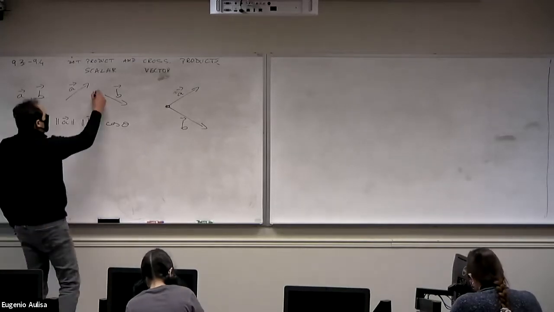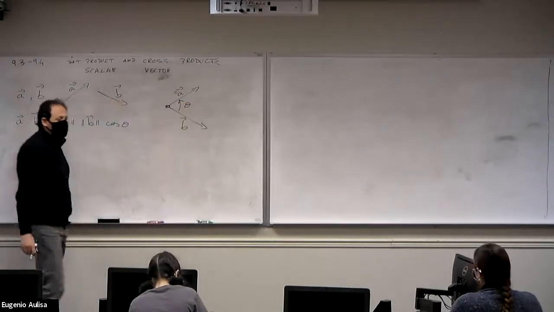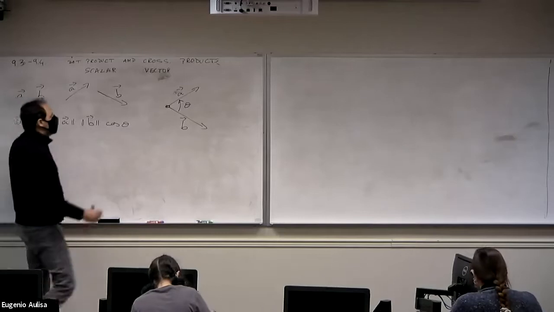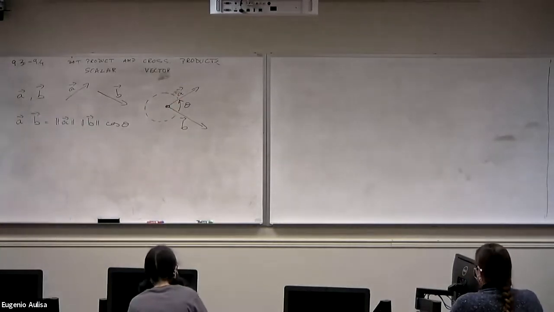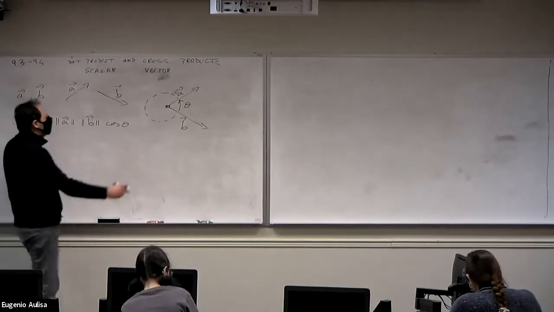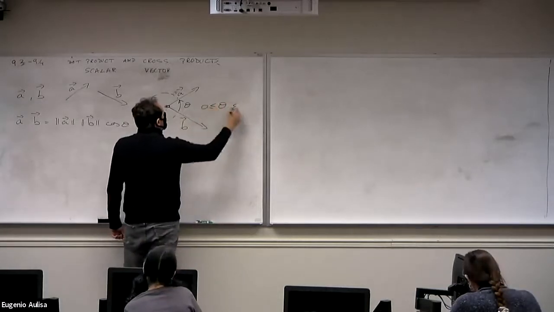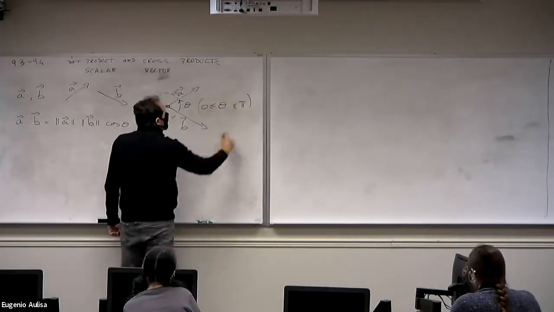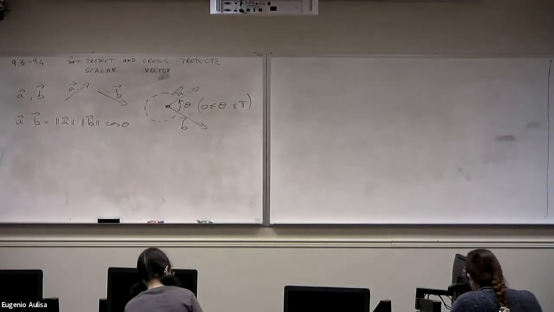Then there are two angles here, either this angle theta or the other one. But we always take the smallest angle. So this theta is always between 0 and pi. 0 when the two vectors are parallel, pi when these two vectors are antiparallel.